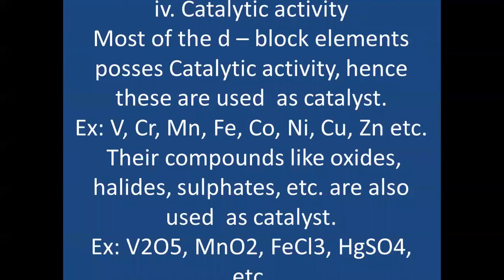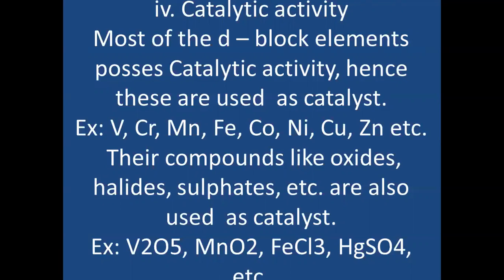Generally, a catalyst is used or required in organic reactions or the reactions of carbon compounds because they are slow or very slow. So we need to increase the rate of reaction. How is the rate of reaction increased when the catalyst is added?